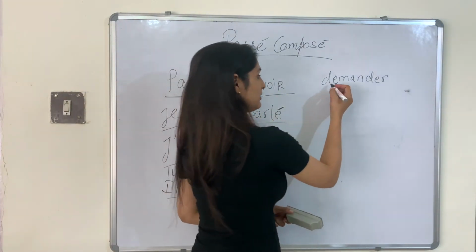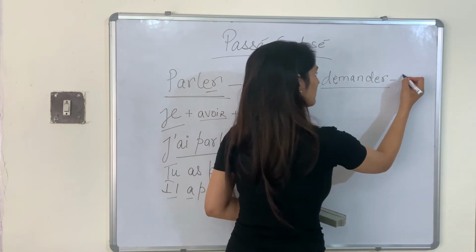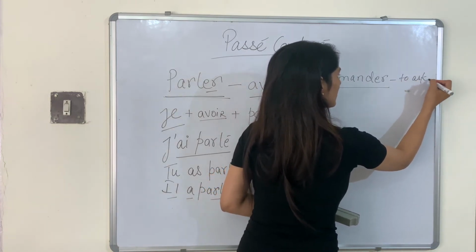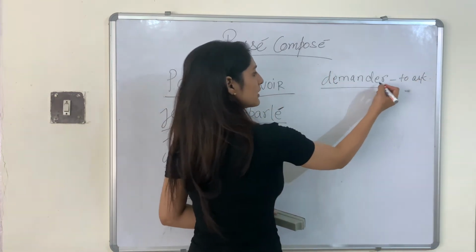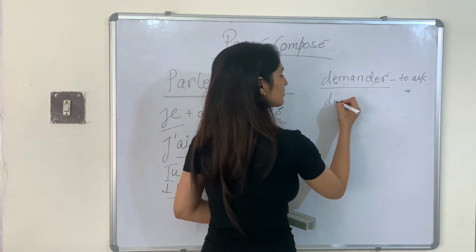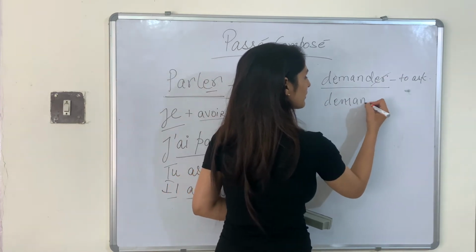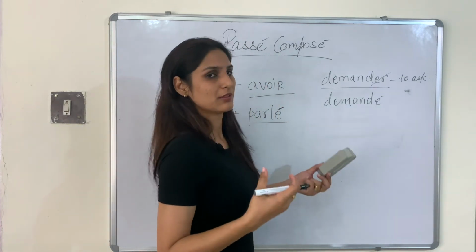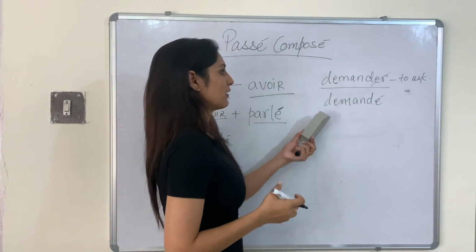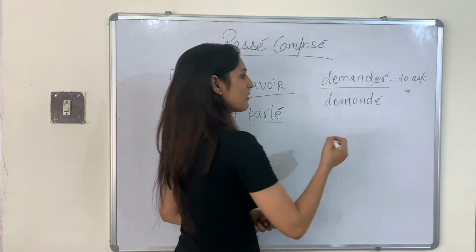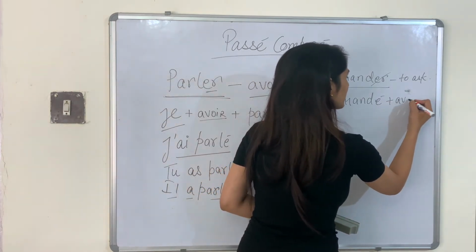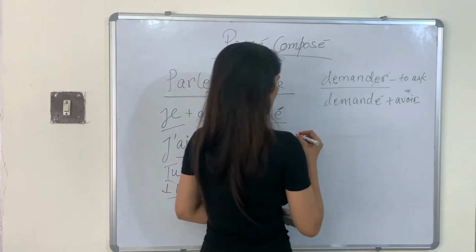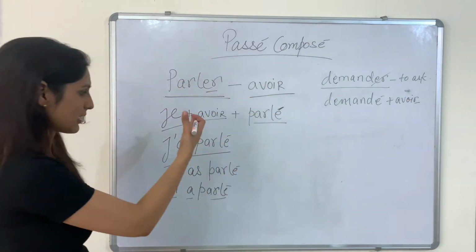So demander means to ask, as in English. Now this is how your ER verb demander will look, and as I've already told you, with maximum of these verbs you use avoir, so this one is also going to use avoir. Let's do the same as we have done in this part.